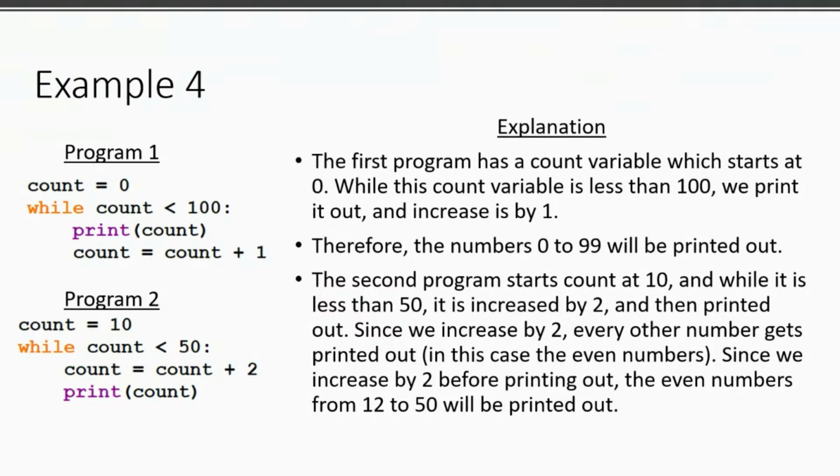Because we're going to say while count is less than 100, so it has to be less than 100. Count starts at 0, so we print out 0. Then we add 1 to our count. Then we loop again, and we loop that 100 times, from 0 to less than 100, which is 99.